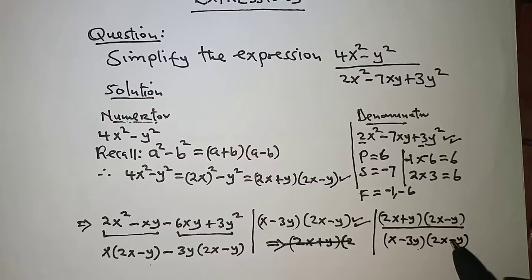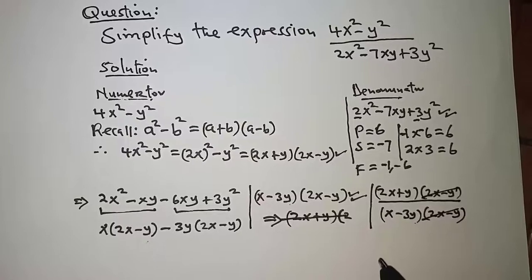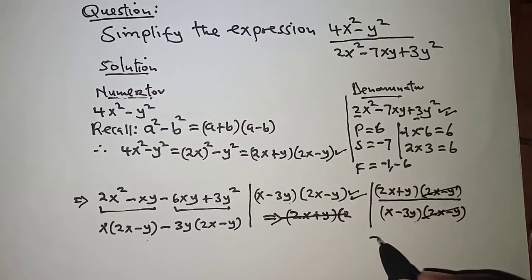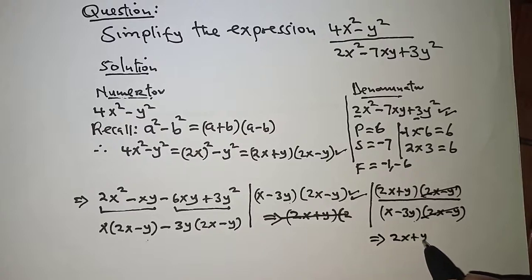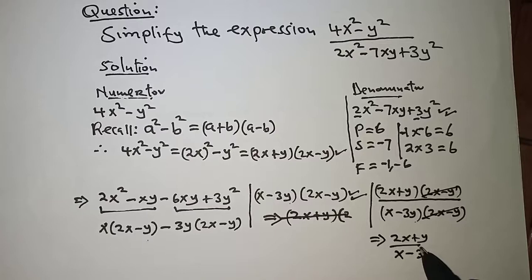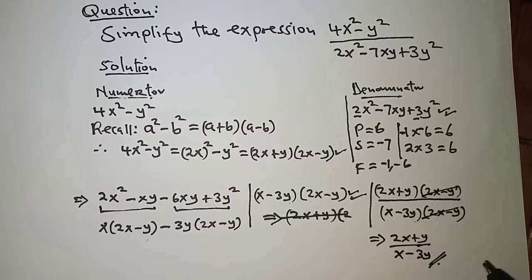Looking at the numerator and denominator, we realize there is a common factor which cancels, and then finally we have 2x plus y all over x minus 3y, which is the simplest form. That is, from here we cannot factorize further. So finally we have simplified the expression as required.